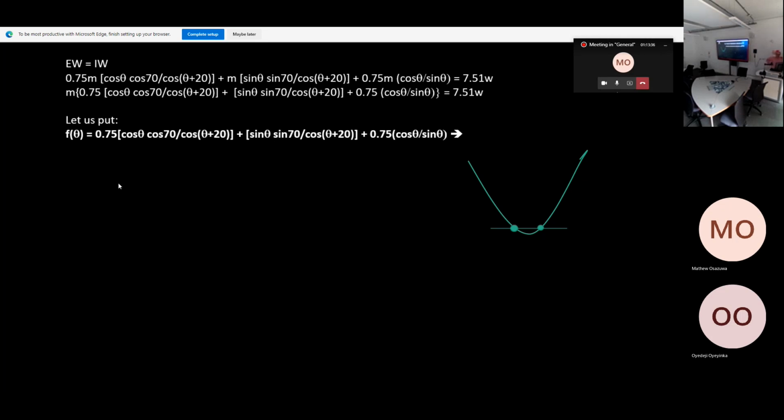What I've done, I've put f theta. Can you see this long expression here? I've called it f theta, times M. So we have M times f theta equals 7.51 W, or M over W is 7.51 over f theta. And f theta is this.